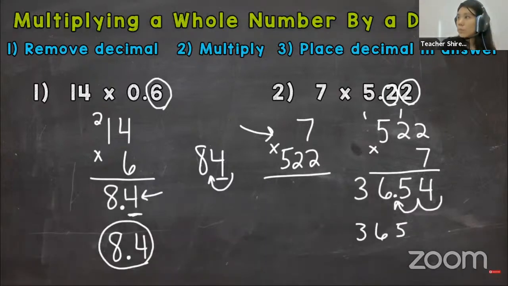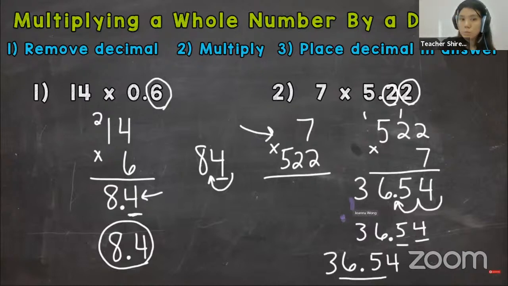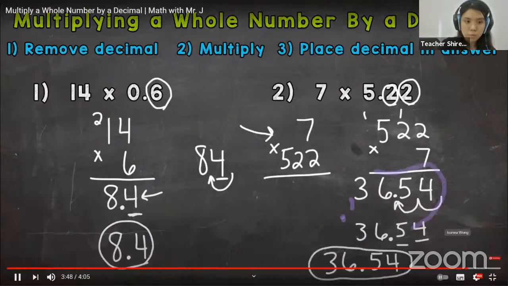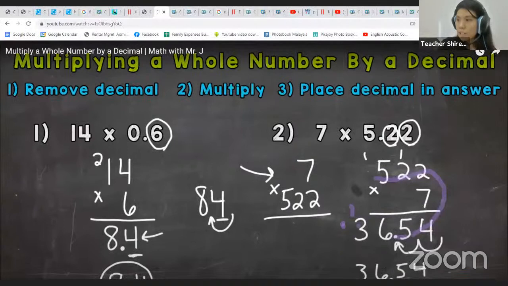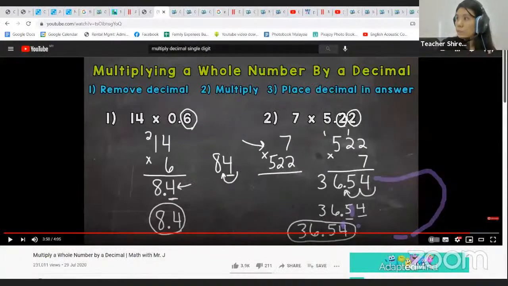Or you can go 1, 2, and place your decimal there. Either way, whatever works best for you. We rewrite our final answer without any marks under it, and we get 36 and 54 hundredths. So there you go. Basically the rule of thumb is that, let me share with you.